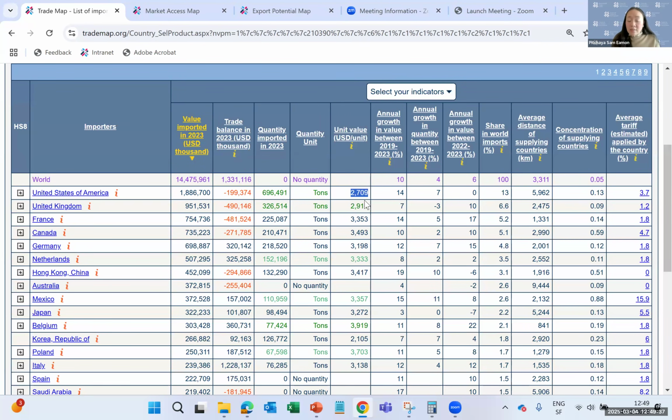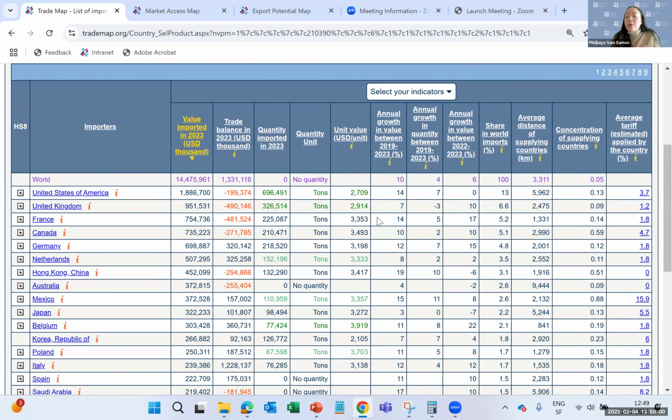So therefore, when you look at the unit value, it is really not the price of the product per unit. This is not the price that if you go to the port, you say, yes, I want to buy this for 2,709 US dollars, 1 ton of the sauces. It will not be that price. This is just the average.